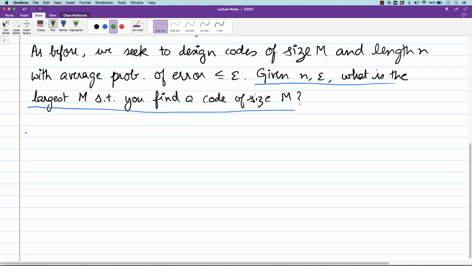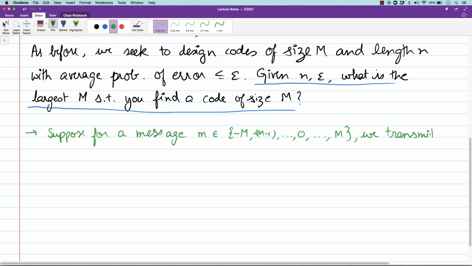Suppose for a message m in minus M to M, so these are 2M plus 1 messages, minus M, minus M plus 1, up to 0, up to M, we transmit the code word x equals m delta of length 1.